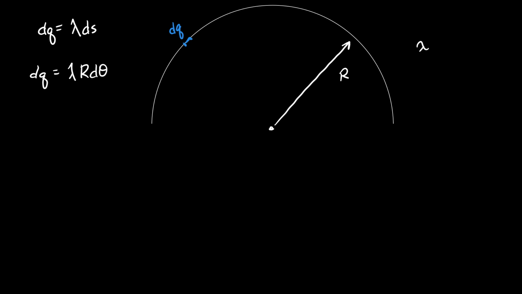All right, so the charge is going to equal lambda times r pi. The charge density is lambda, that's charge per meter, and r pi represents the length of a semicircle. So that's how much charge there is total.